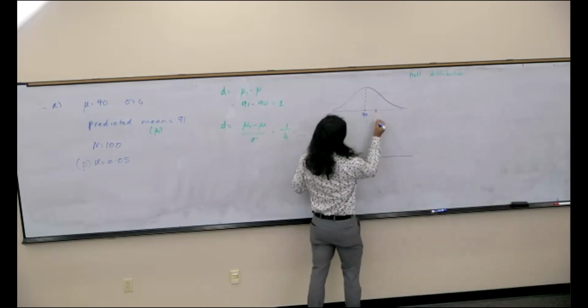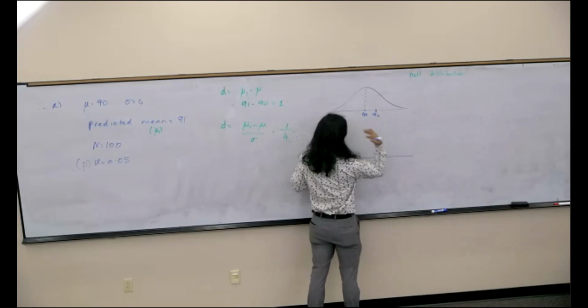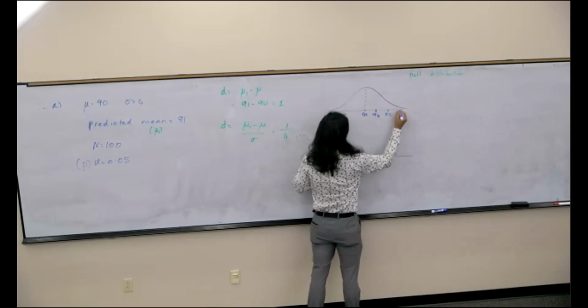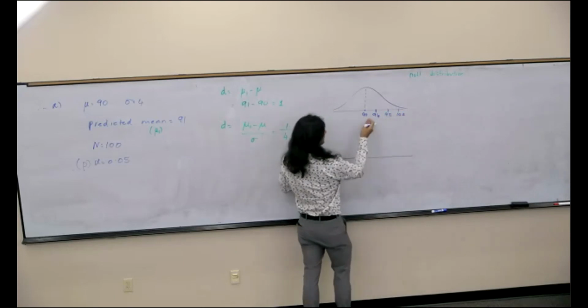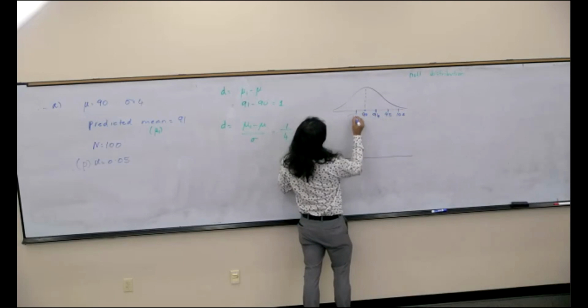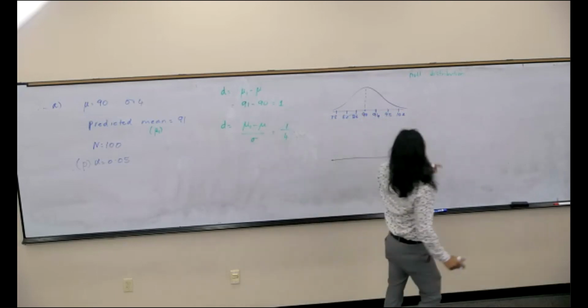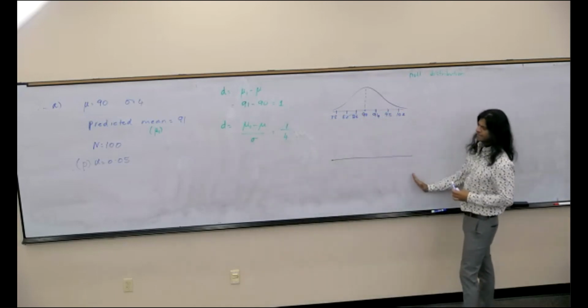So 90, 94, you add 4 again, 98, 4 again, 102, subtract, 86, 82, 78. Good. Null distribution.